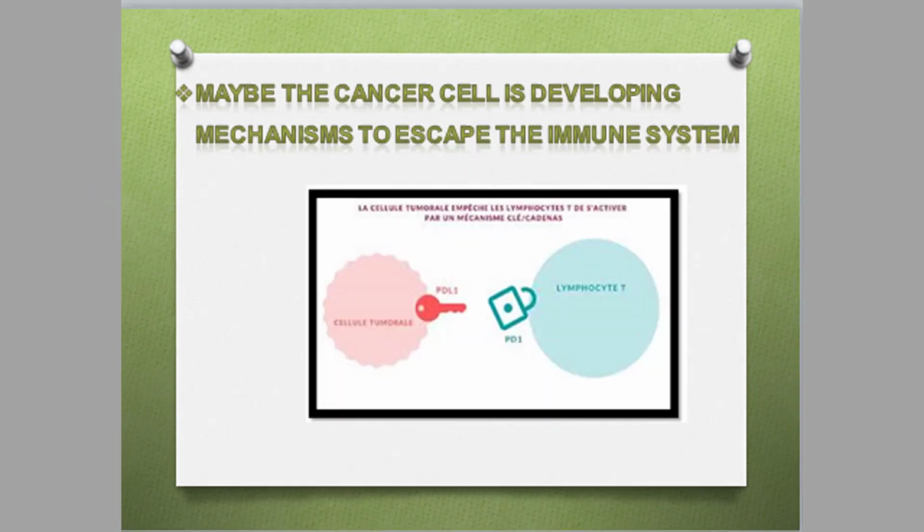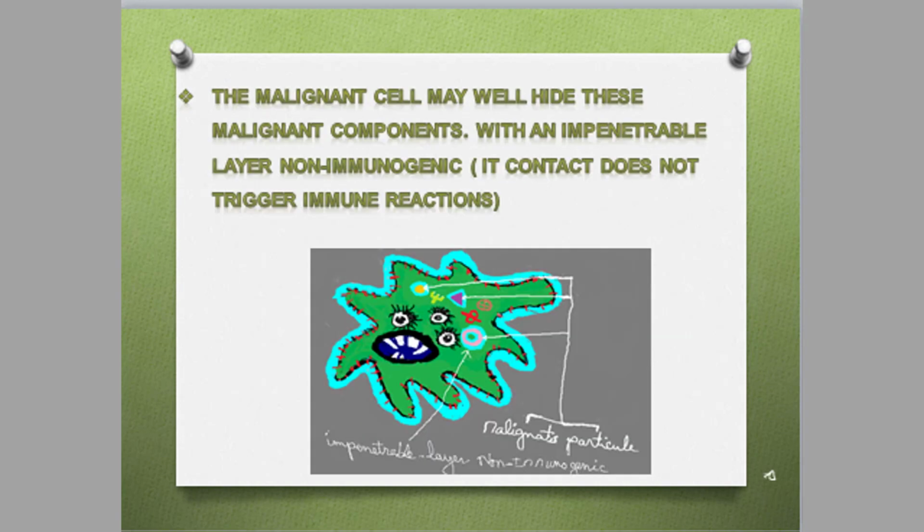The third maybe: the cancer cell is developing a mechanism to escape the immune system. T lymphocyte inactivated by a padlock closed by the tumor. Mechanism of the padlock. Picture from Google.